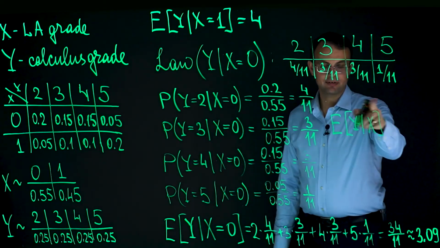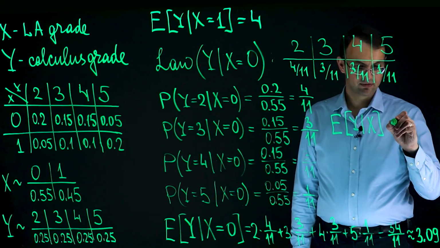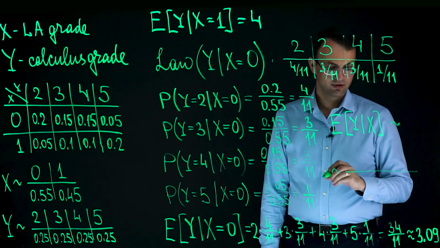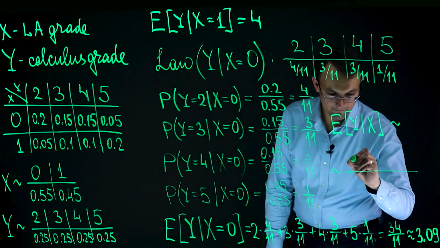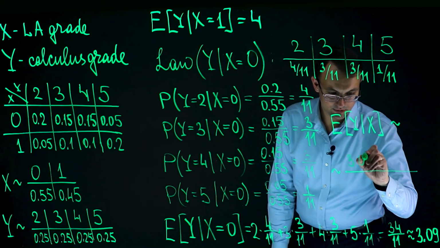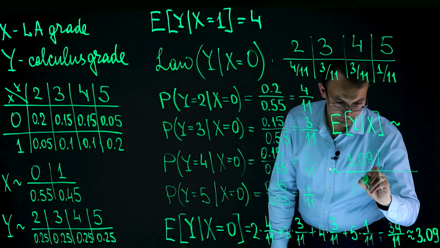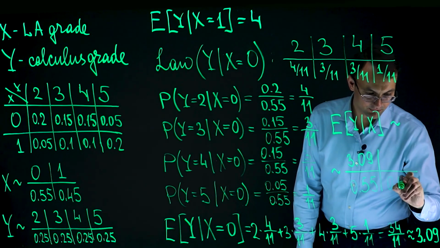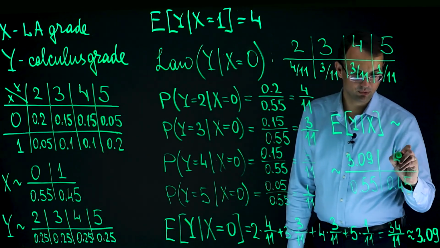So we can say that the expected value of y given x is a random variable that is distributed as follows: with probability 0.55, it takes value 3.09, and with probability 0.45, it takes value 4.